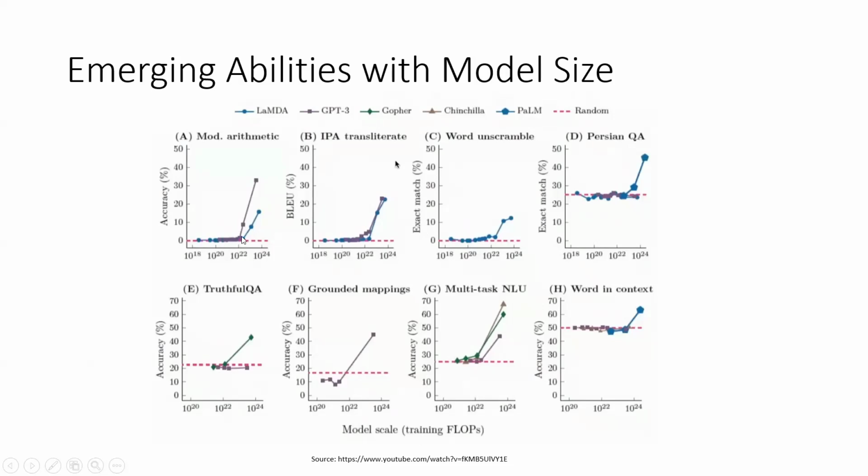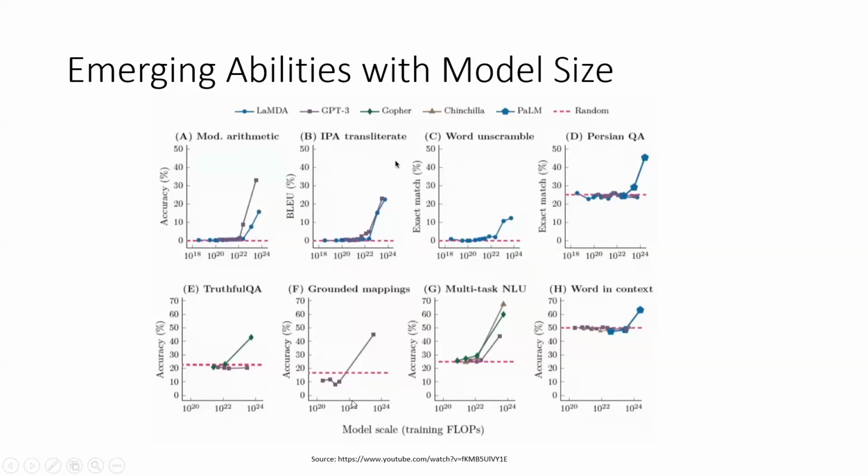After a certain point, we can see that these abilities are suddenly getting introduced, right? Up to that particular point, it's almost like nothing, and after this certain point, there is a huge increase in this ability with the size, right?